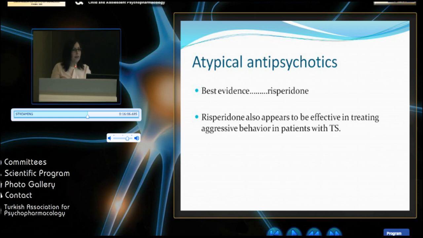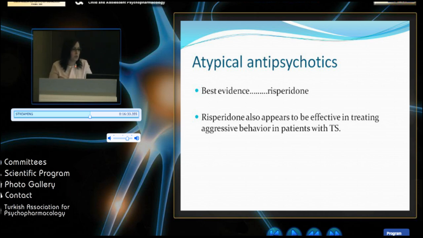What about atypical antipsychotics? Both pimozide and haloperidol are very effective in terms of treating tics. However, because of their adverse effects, especially with regard to extrapyramidal effects, they are not the most preferred ones. Risperidone is mostly studied by double-blind studies.